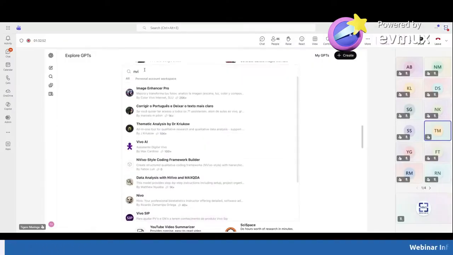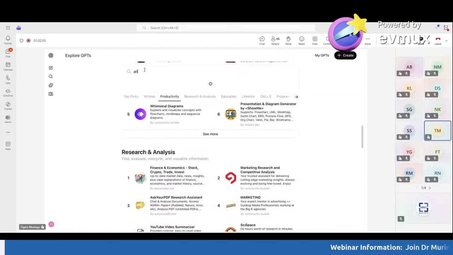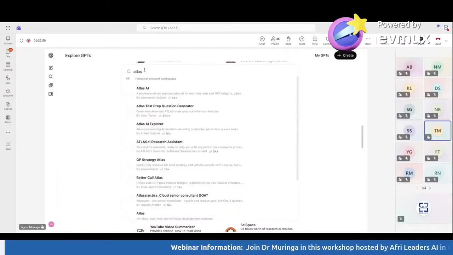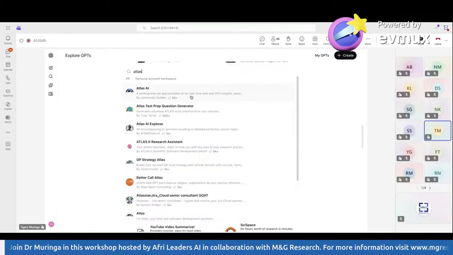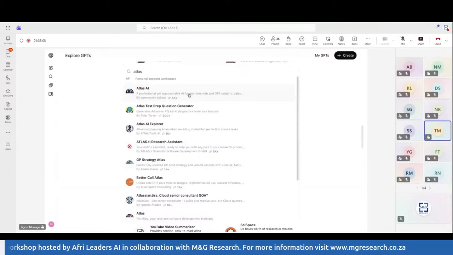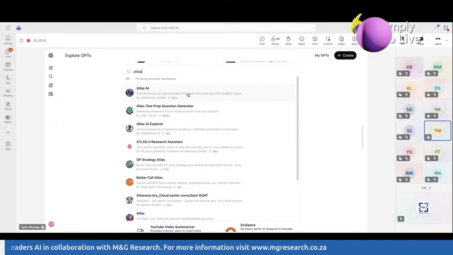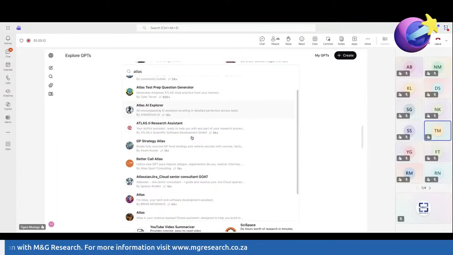So we don't have NVivo here. I'm going to check if we have Atlas AI. This one here is your Atlas to conduct thematic analysis.